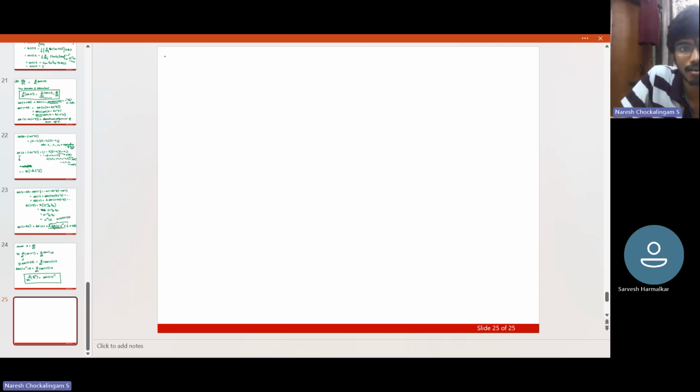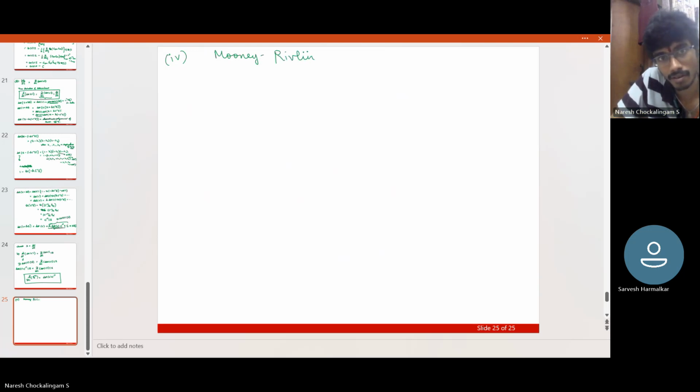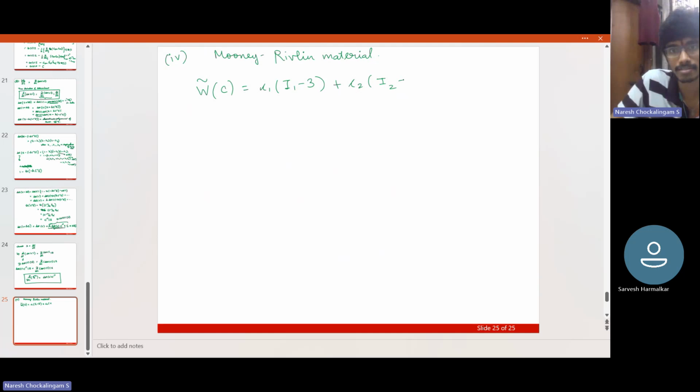So for a Mooney-Rivlin material, let's say this is problem 4, we have a Mooney-Rivlin material whose stored energy function W of C is given as C1 (I1 minus 3) plus C2 (I2 minus 3) plus C3 (I3 minus 1) plus K1 log I3 plus lambda times a certain function called WH of J, where J is not I3.